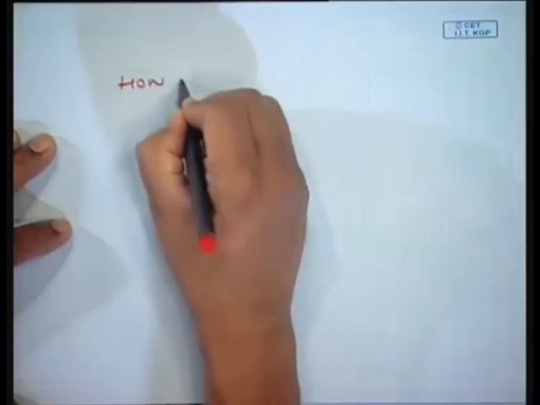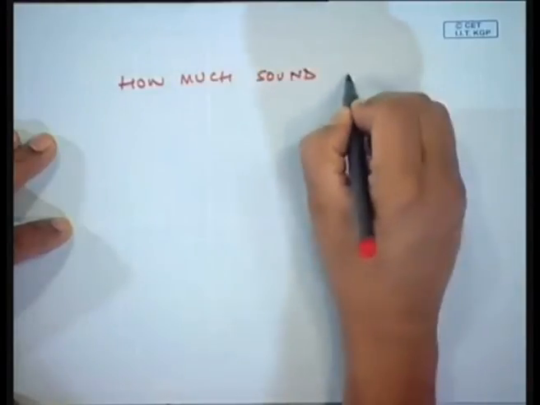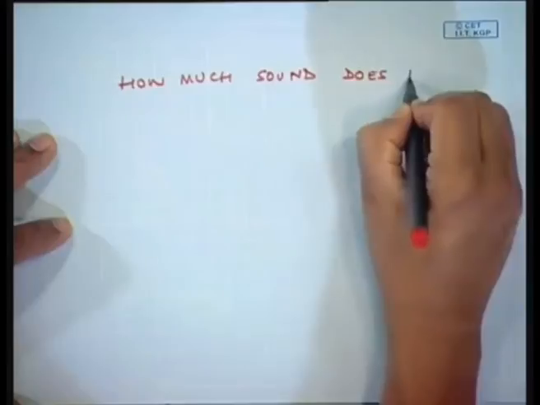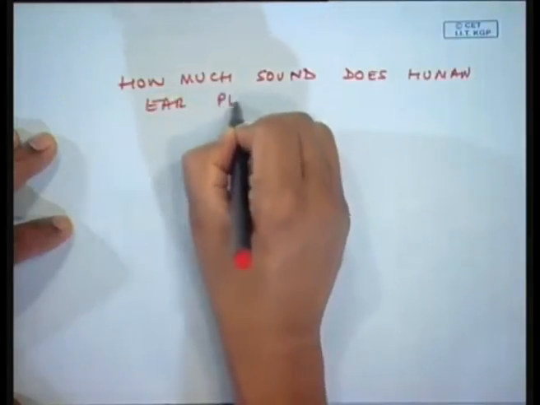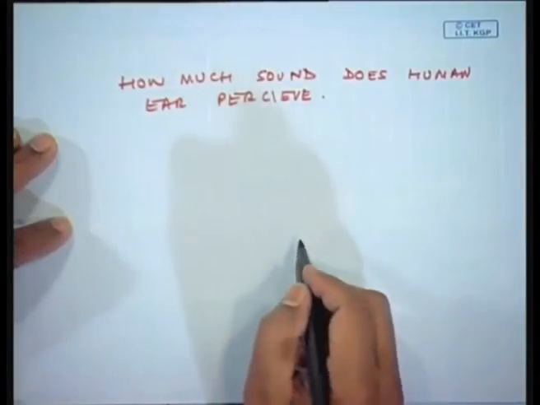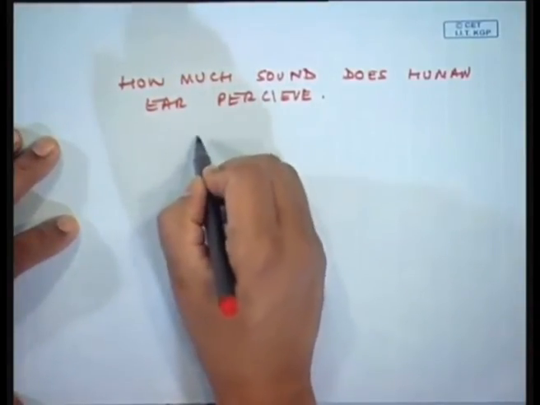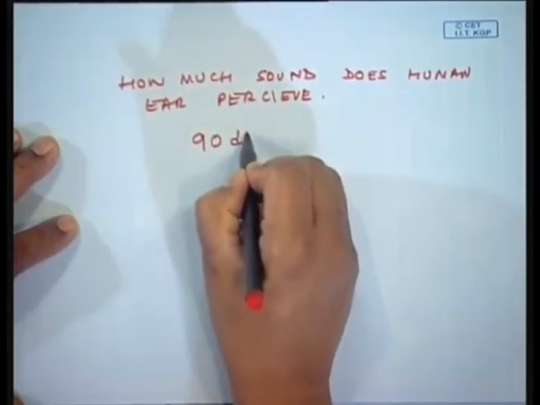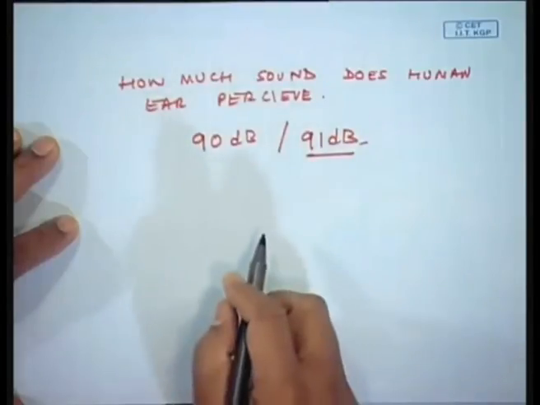Now, how much sound does the human ear perceive? If a human ear was to sense 90 decibel and 91 decibel, it would not be able to do that.